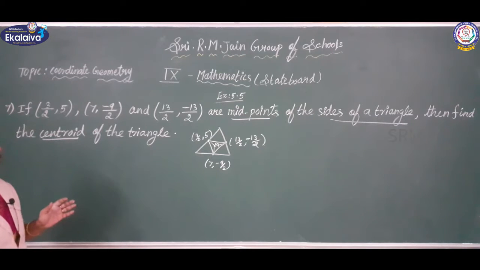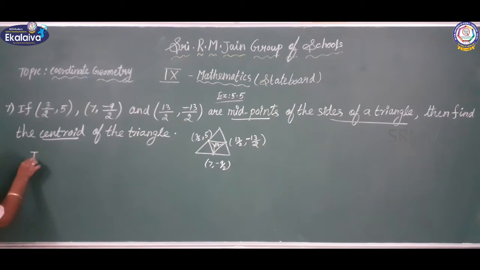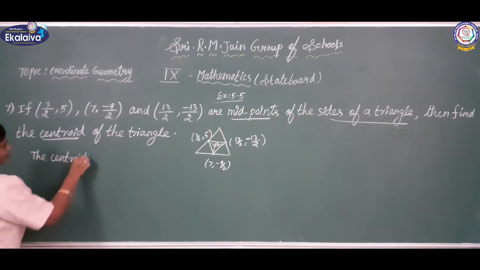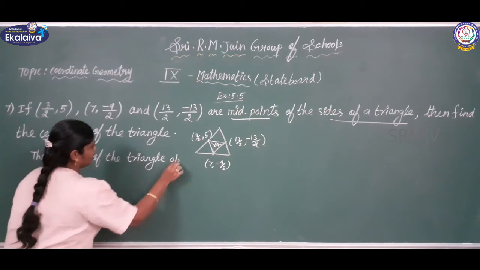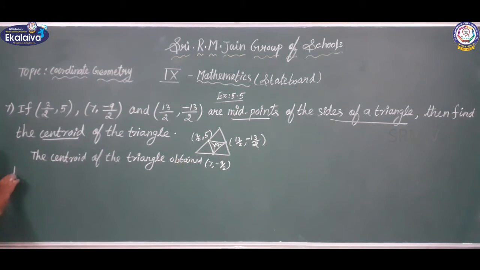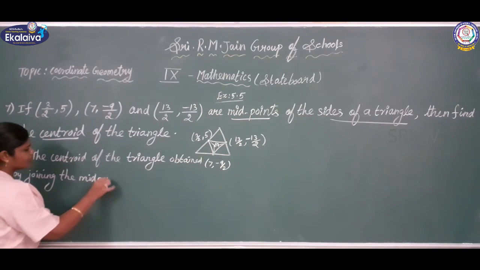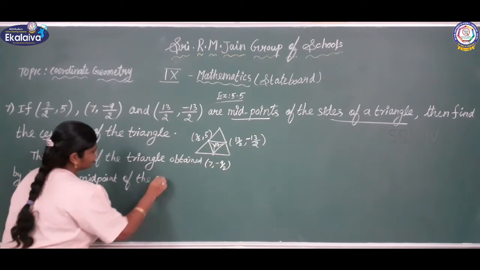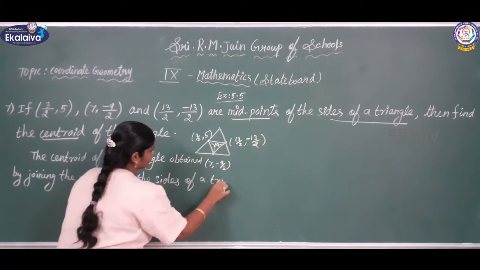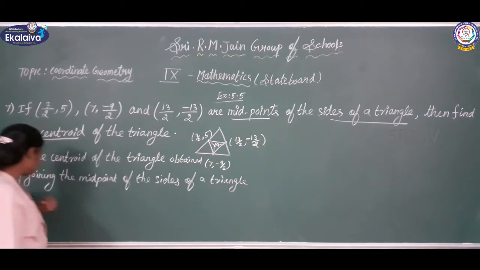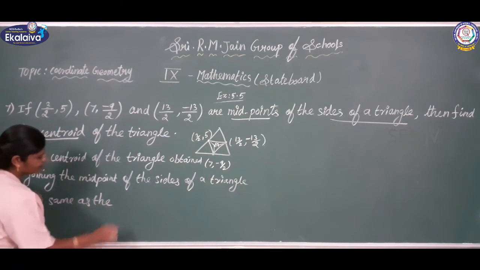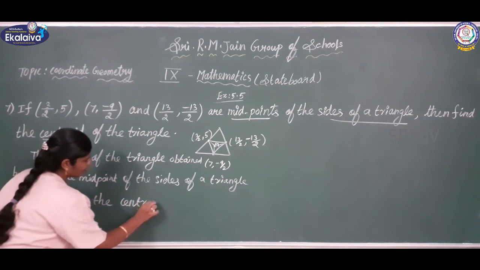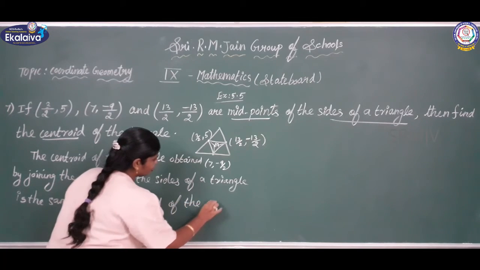Okay, children, we know that the centroid of the triangle obtained by joining the midpoints of the sides of a triangle is same as the centroid of the original triangle.